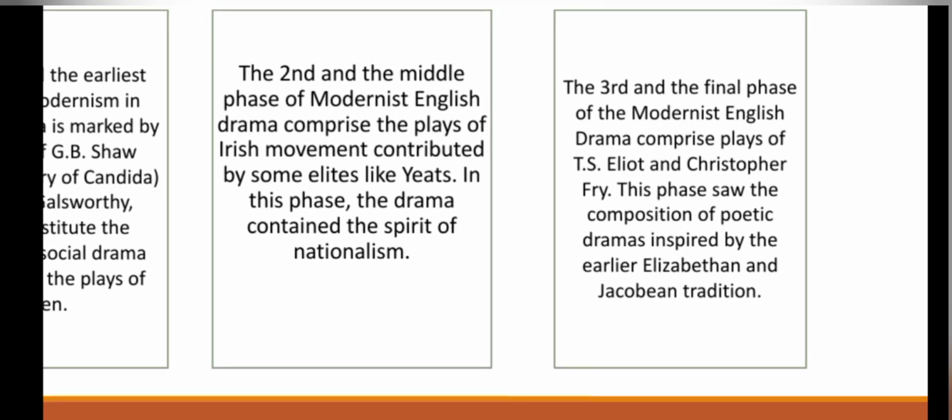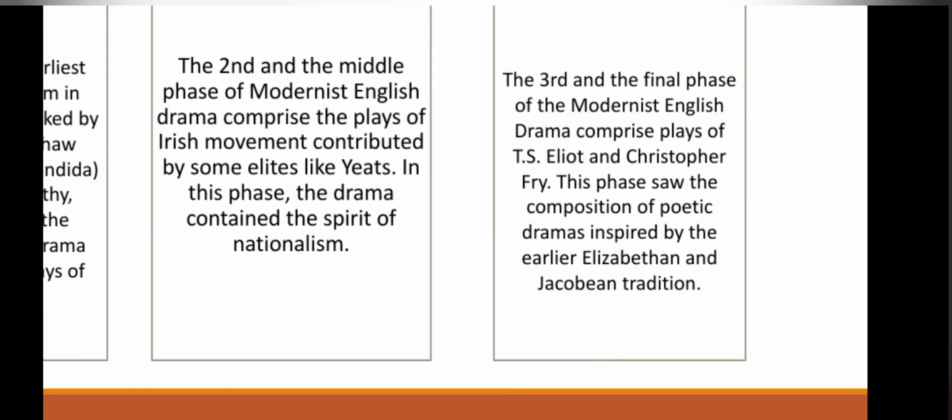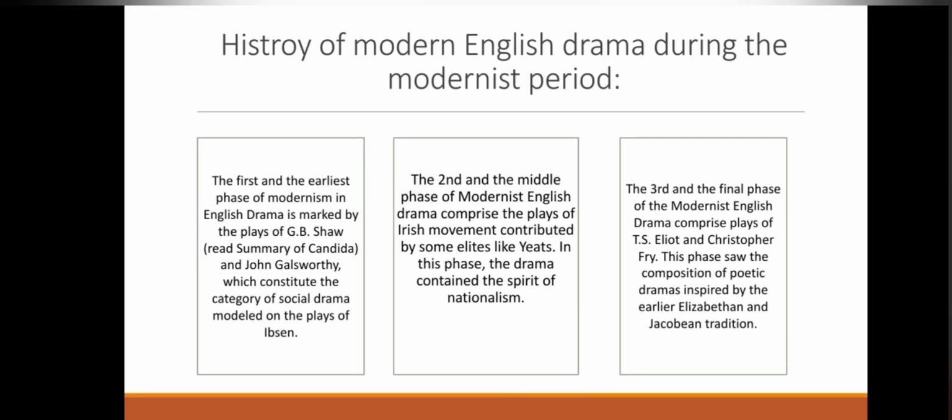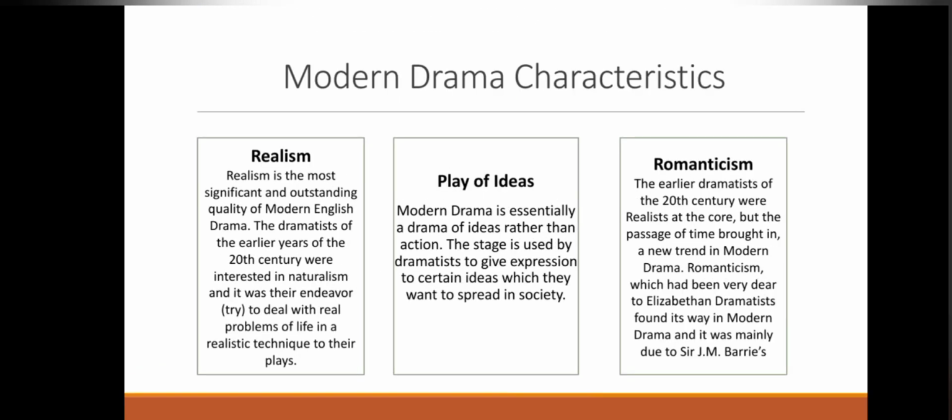So J.B. Yeats also helped a lot in the improvement of drama, and in the third, T.S. Eliot and Christopher Fry were the ones who developed the drama in this age. So this is a little bit of background of the writers who helped the drama to see more peak.